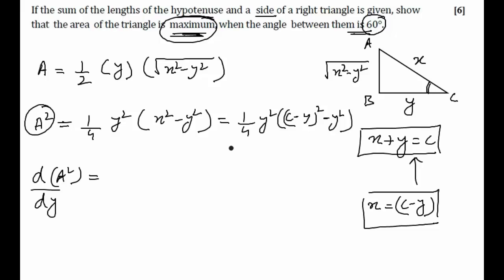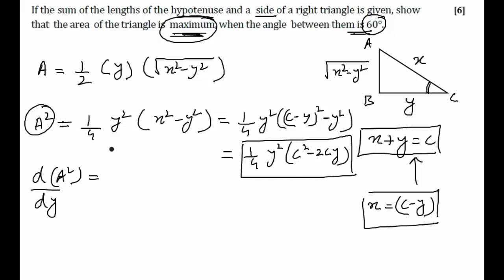Now this quantity is 1/4 of y square into c square minus 2cy. This is the expression for A square. So if I have to calculate now differential of A square with respect to y, I will have to open this thing. Let us take one more step here.